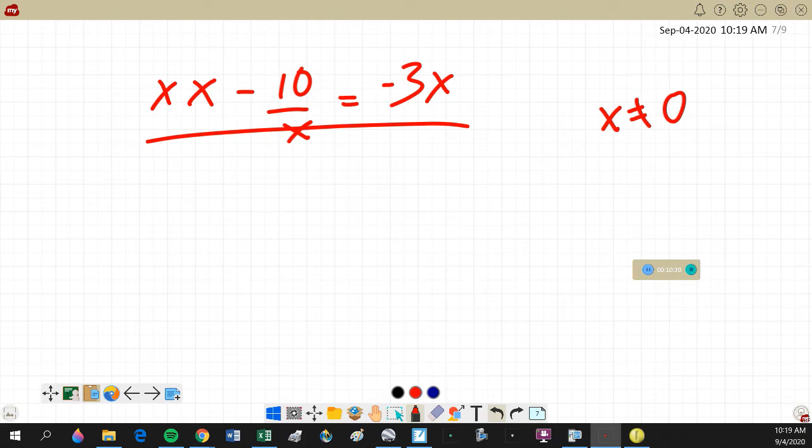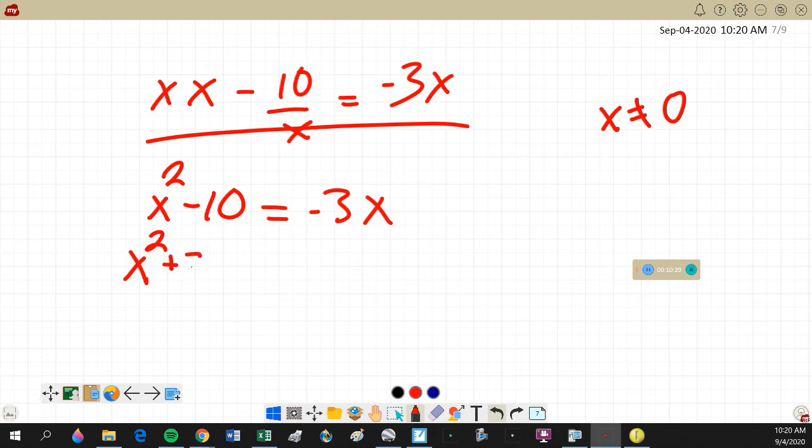Now I'm left with x squared minus 10 equals negative 3x. What do I do here? It's quadratic. Move everything to one side, solve for x using factoring. X squared plus 3x minus 10. Are there factors that multiply to be negative 10 and add to be positive 3?